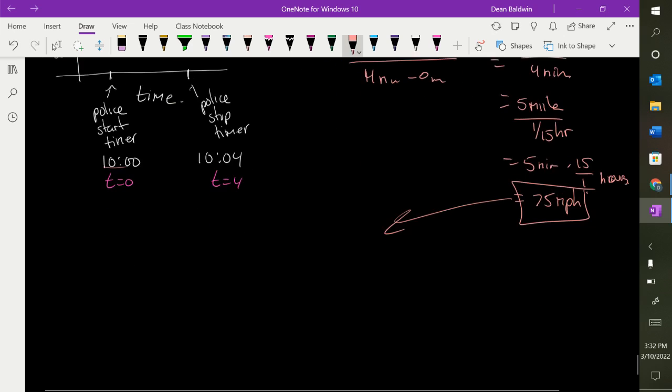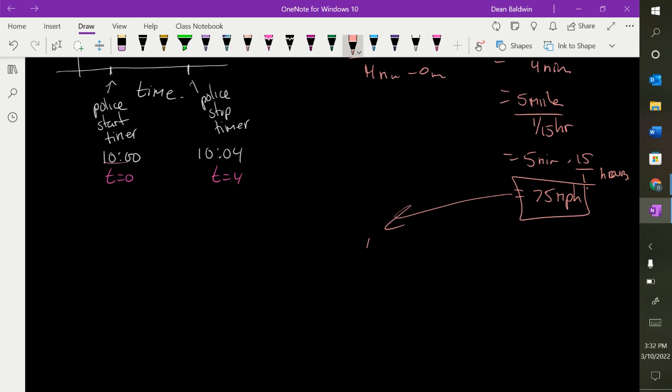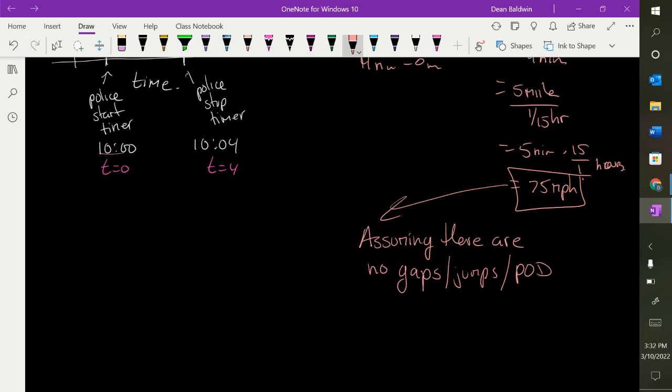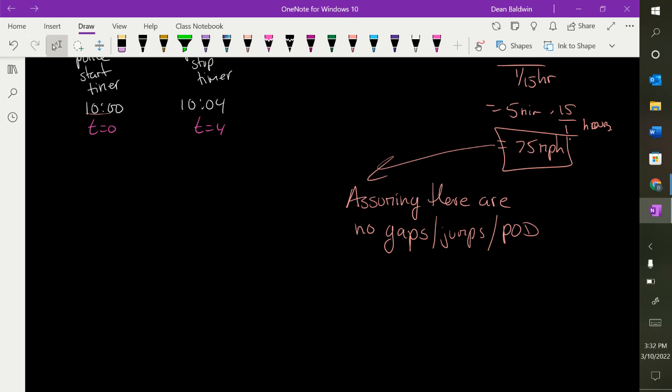So what that means is, and this is the key part, assuming there are no gaps, jumps, PODs, points of discontinuity. In other words, the graph is continuous and differentiable.